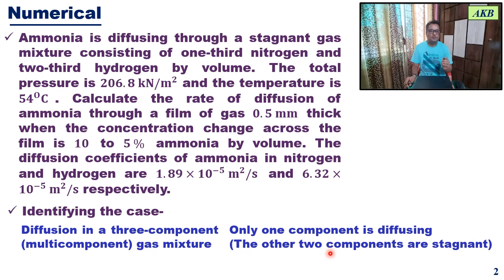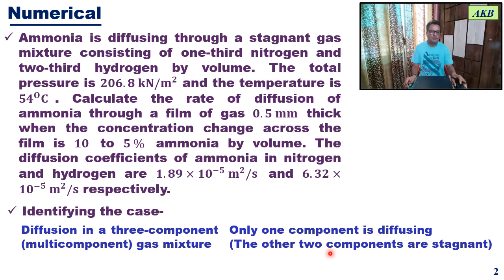This is a case of molecular diffusion in a multi-component gas mixture. To be exact, there are 3 components. The components are ammonia, nitrogen, and hydrogen. Only one component, that is component ammonia, is diffusing, whereas the remaining 2 components, nitrogen and hydrogen, are stagnant and they are not diffusing.